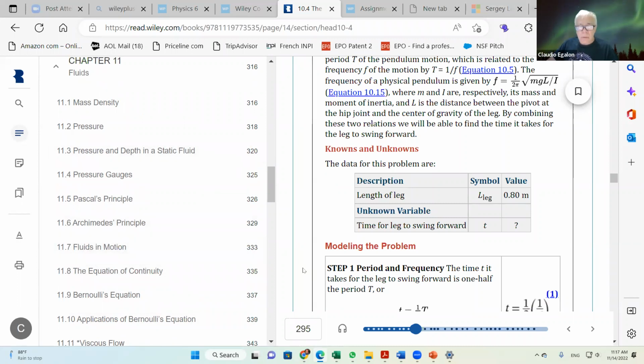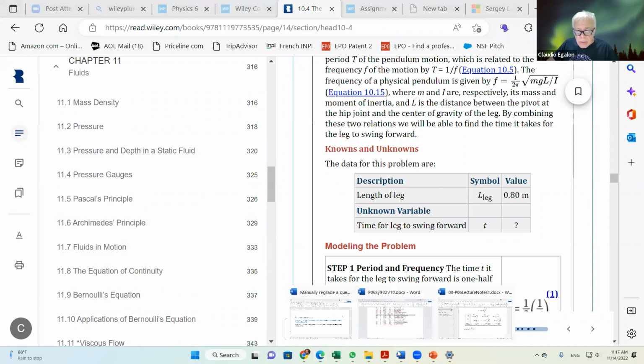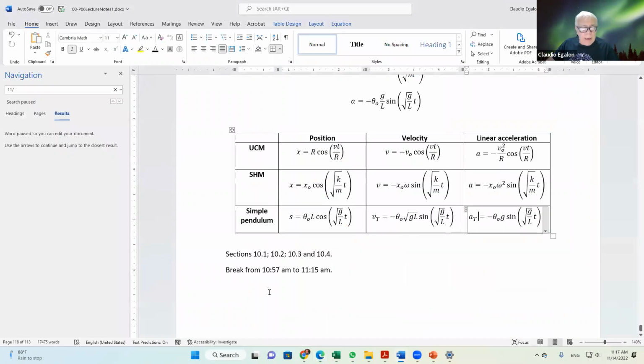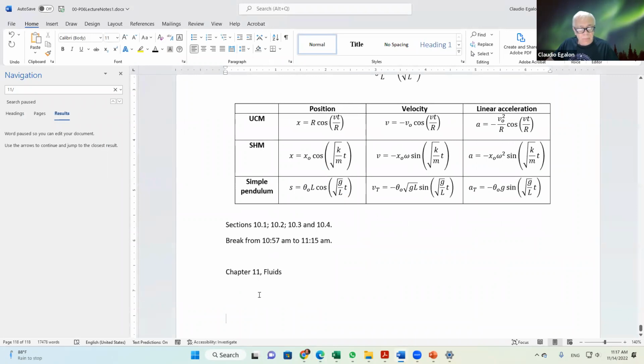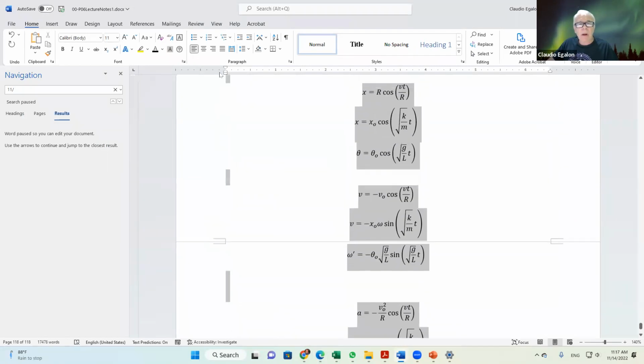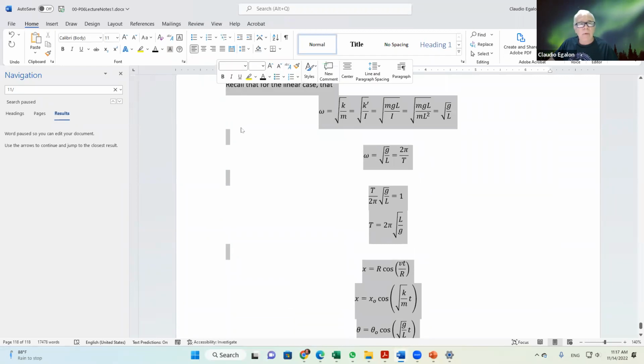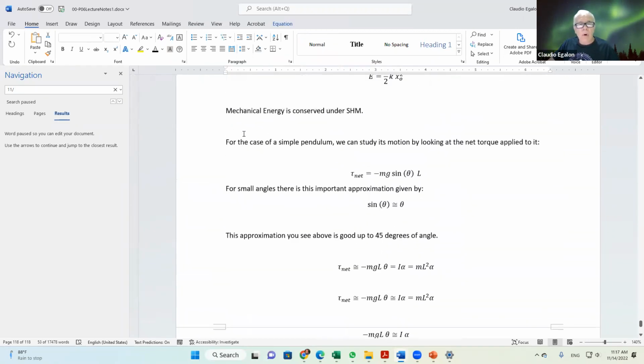So let's go to my notes here, chapter 11, fluids. That's the type of thing that you need whenever you are dealing with water at home.